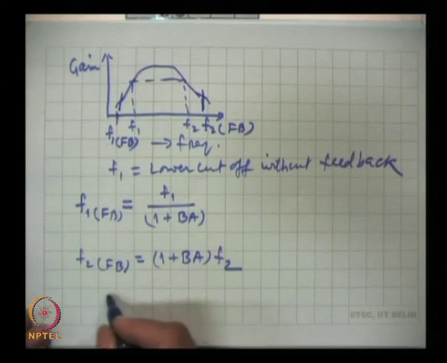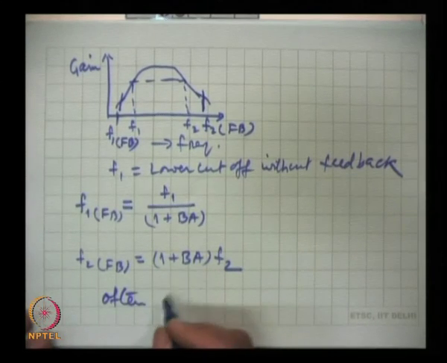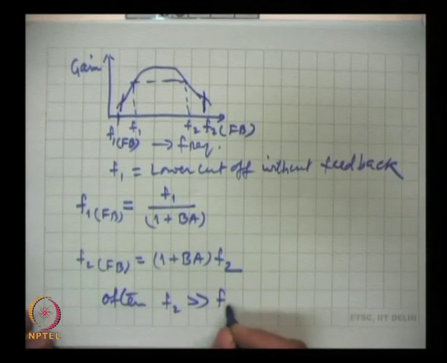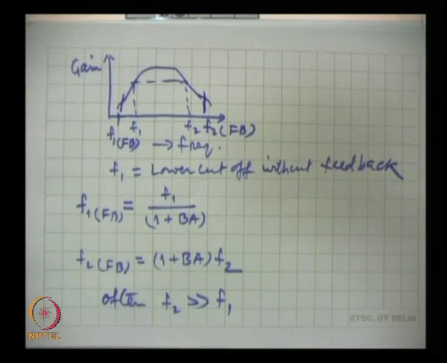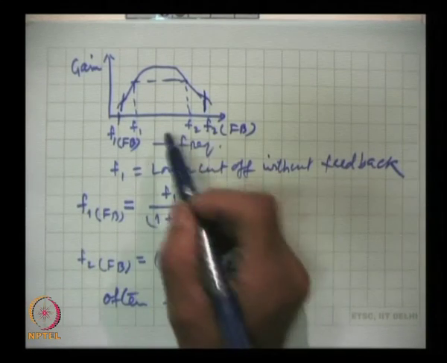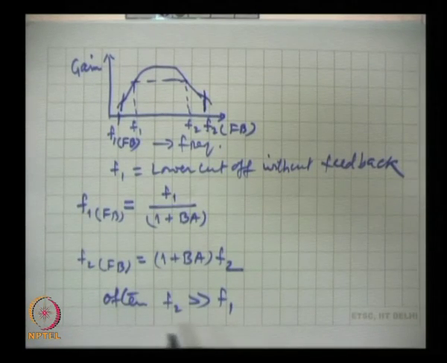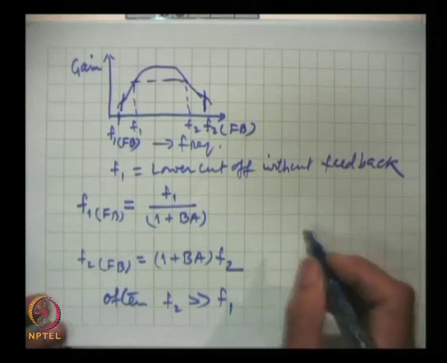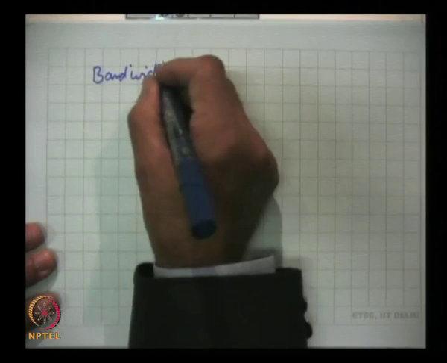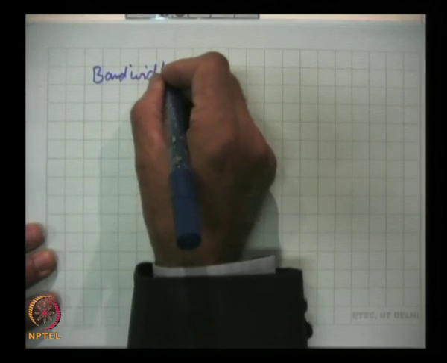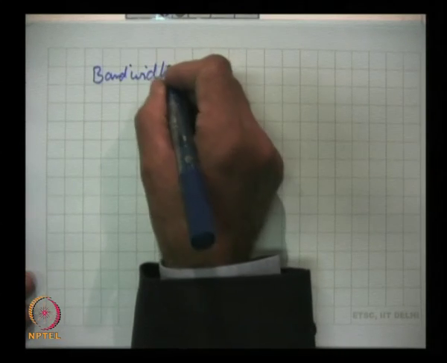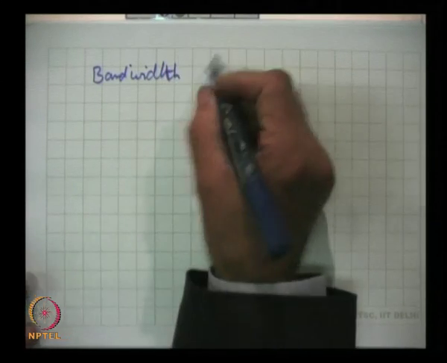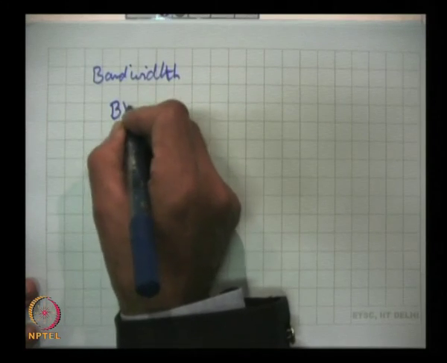Now, often F2 is very large in comparison to F1. F2, this upper cutoff, is very large in comparison to F1. In that case, as we said, the bandwidth, we can write BW.